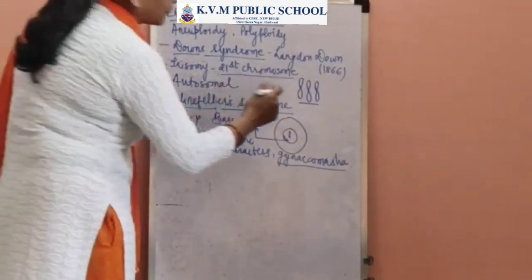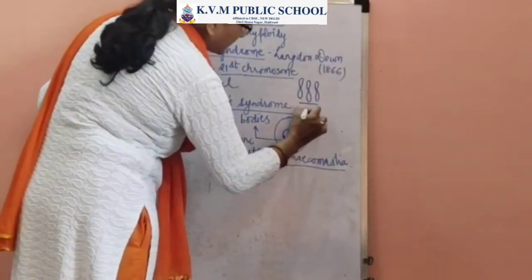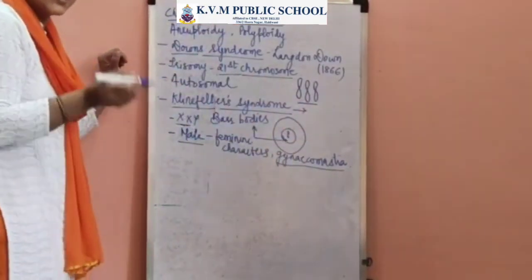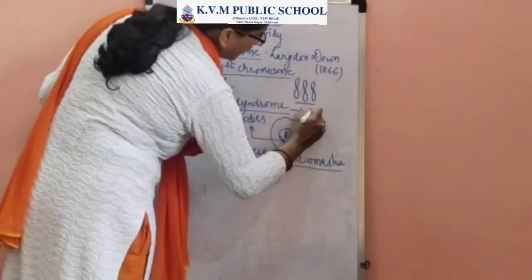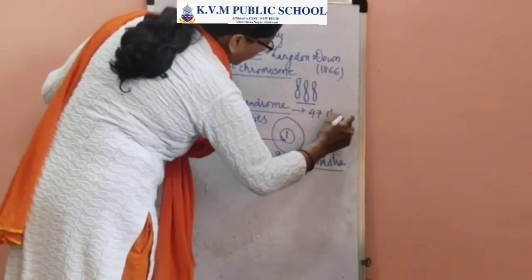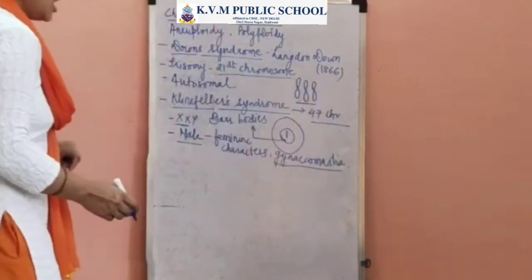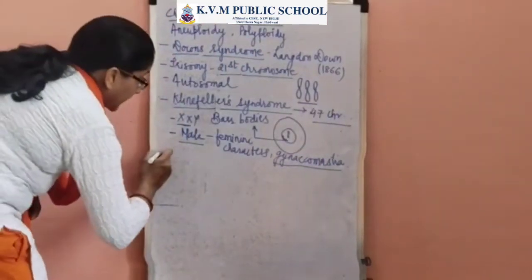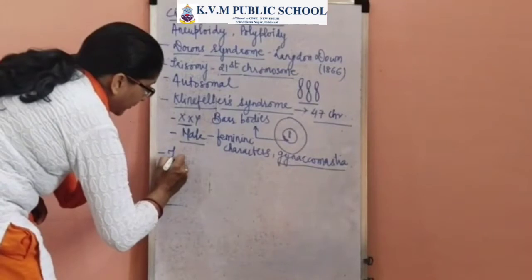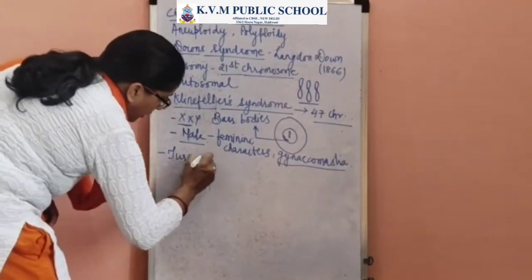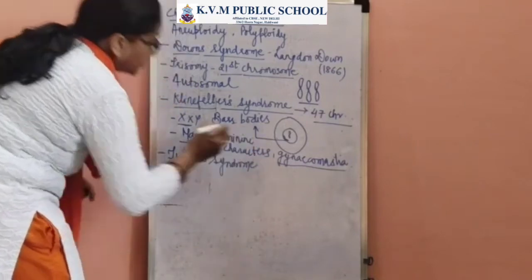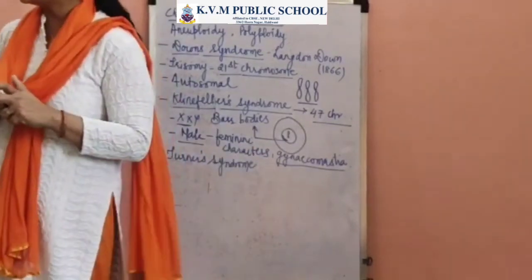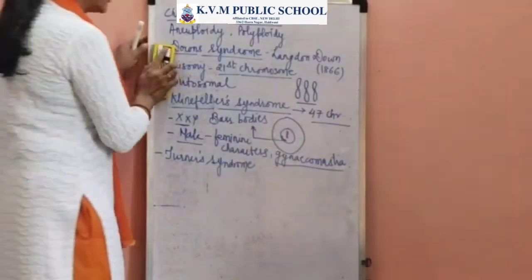So here the set of chromosomes has increased in Klinefelter's. Generally it is 23 pairs, so that is 46, but here it has become 47 chromosomes, right? Okay, now we'll be talking about Turner's syndrome.